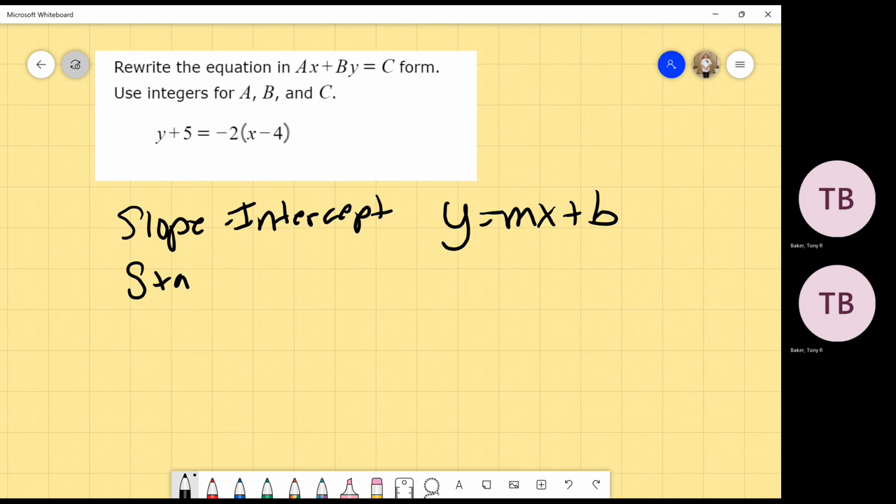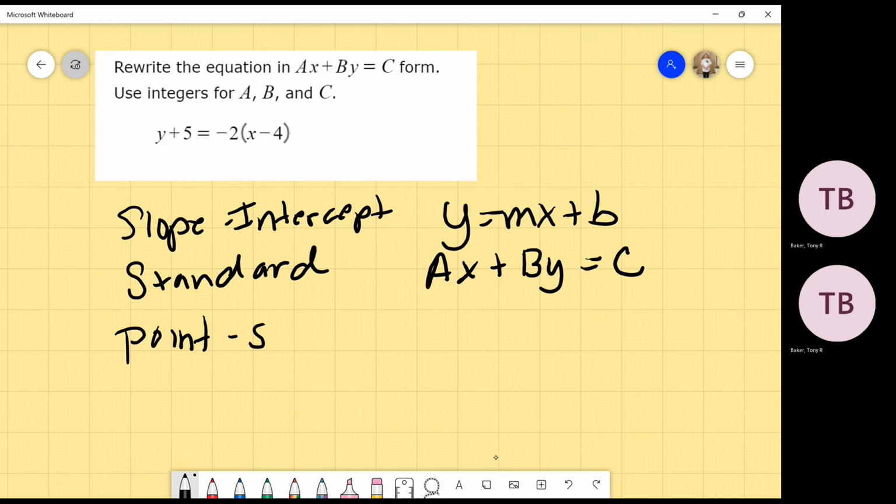We've got standard, which is ax plus by equals c, so all the letters are on one side. And then we've got point slope, which was y minus y1 equals m times x minus x1. Those are the three different formats that we looked at on these.